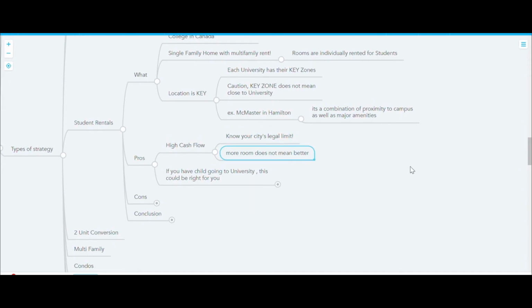Also, what I mean by more rooms does not mean better is that if you have, let's say, a 5 or 6 bedroom rental, it's much easier to find a group of students who all know each other to fill that unit for the term. Versus if you have 8 or 10 bedrooms, it's pretty hard to find a group of students to fill it. You might find a group of 5 or 6, but then the rest of the bedrooms you might have to fill individually with strangers.